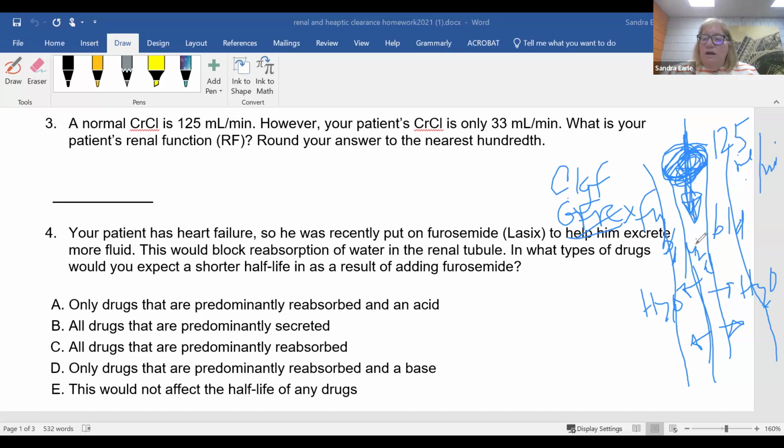And as you reabsorb water, your drug and your other compounds in your urine are getting more and more concentrated, aren't they, as you move down the nephron? And so what we have down here is concentrated urine, and up here it's concentrated too. So to move drug from the blood into the urine, you have to go against the concentration gradient.